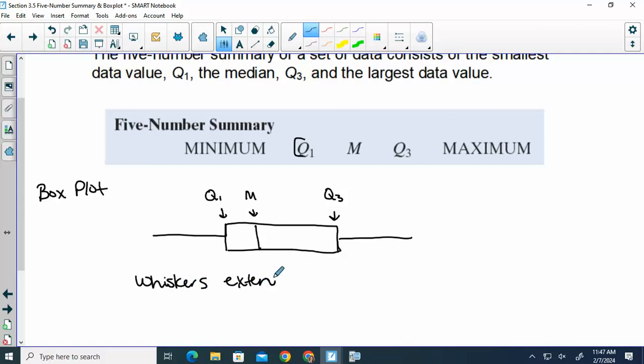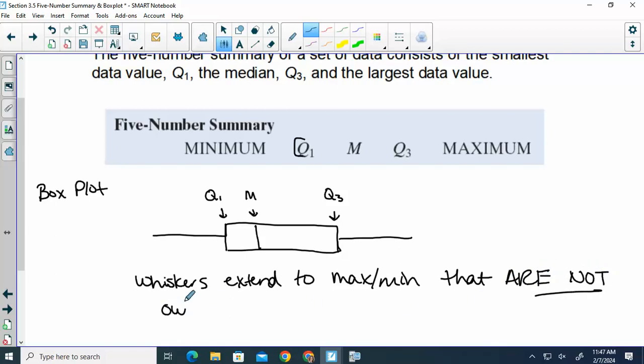The whiskers extend to the maximum and minimum points that are not outliers. How do we find outliers? Upper and lower fence. So if something is an outlier, even though that would be my minimum point, the whisker will go to the smallest point that is not an outlier.